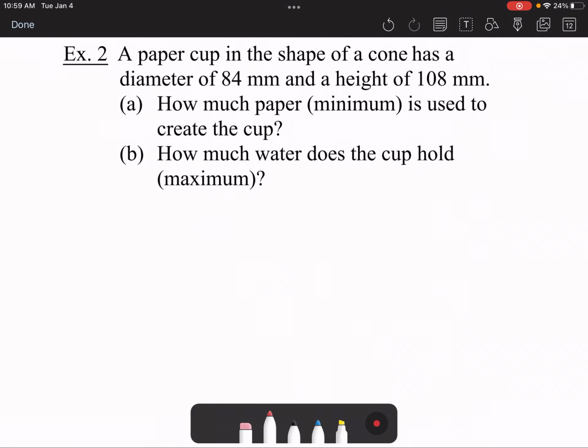Okay, so a paper cup in the shape of a cone has a diameter of 84 millimeters and a height of 108 millimeters.